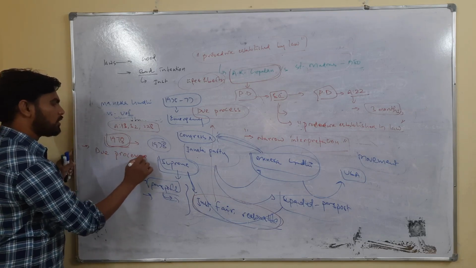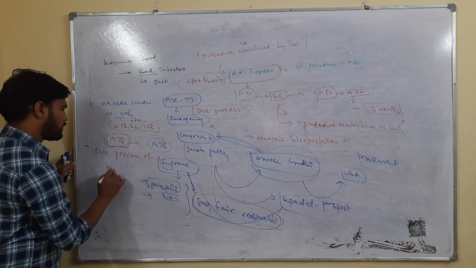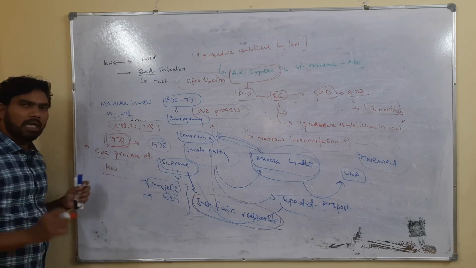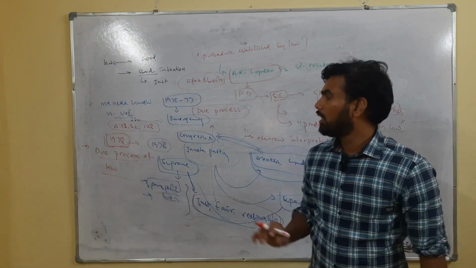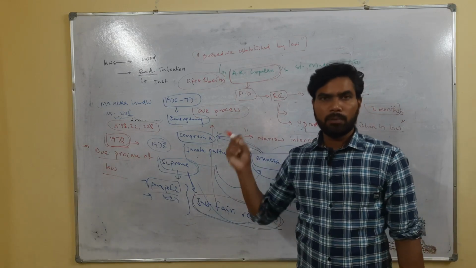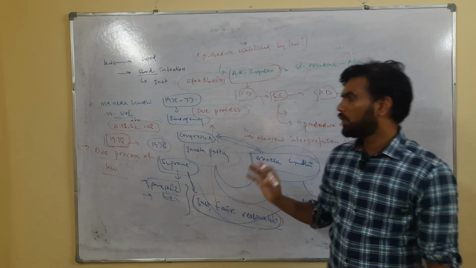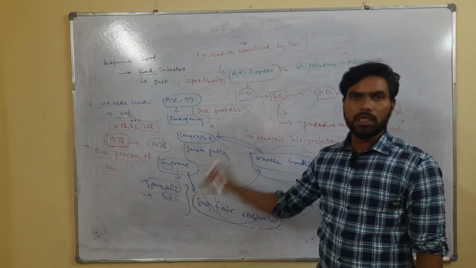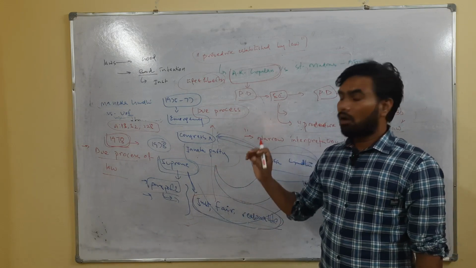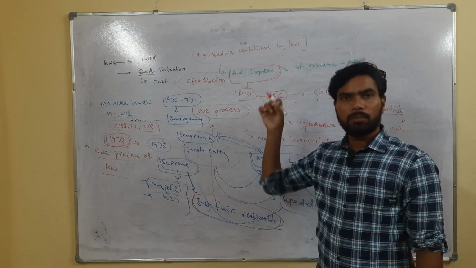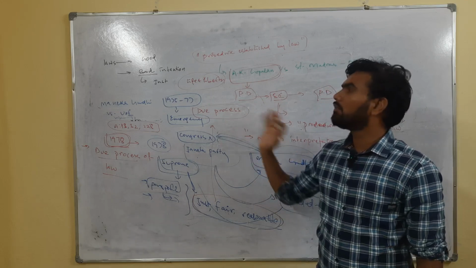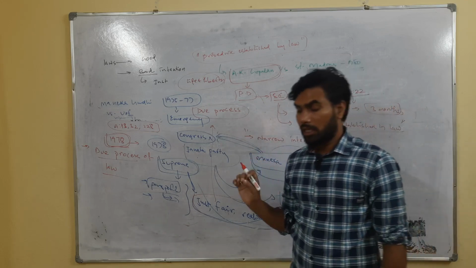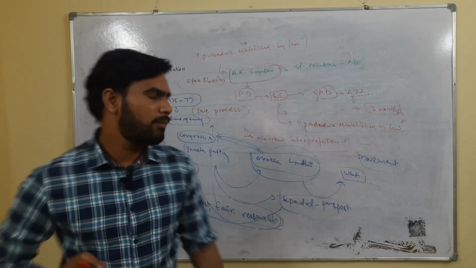Due process of law shall be followed. What is this due process of law? A law should be just, fair and reasonable, and that law should be made properly. Then only under that justified law can you take away the right to life and personal liberty of a person.